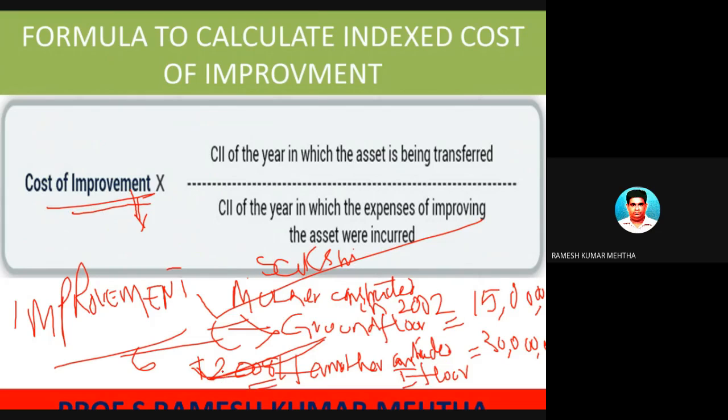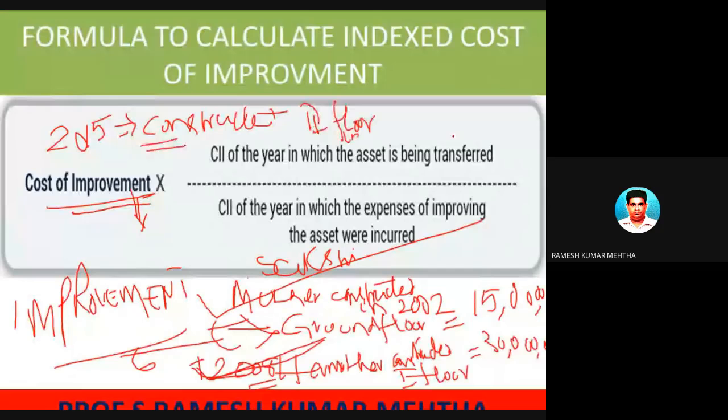Now subsequently in the year 2015, again she constructed one more floor, that is the second floor, in the year 2015, for which she spent some 45 lakh rupees. So there are two improvements. One is this improvement and this is another improvement.